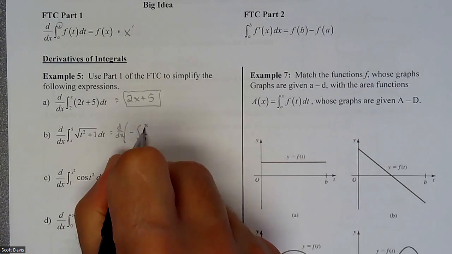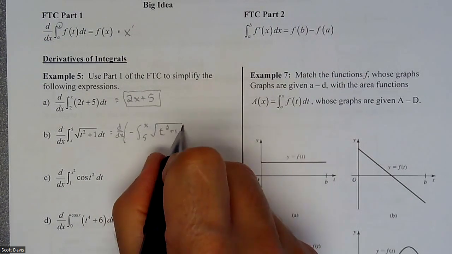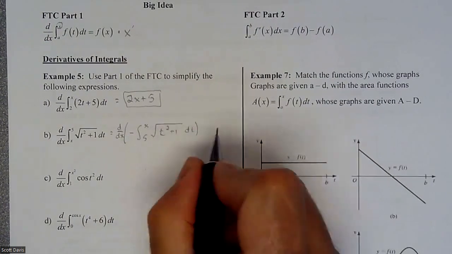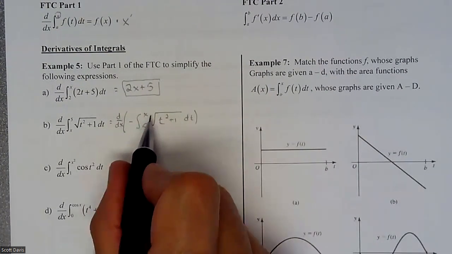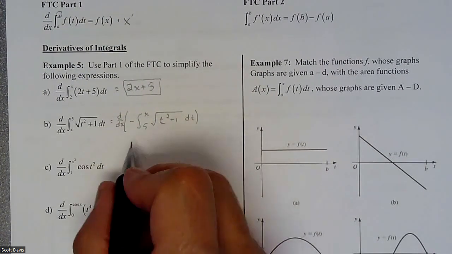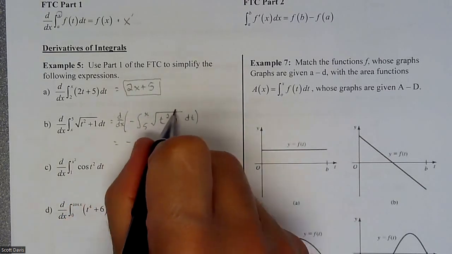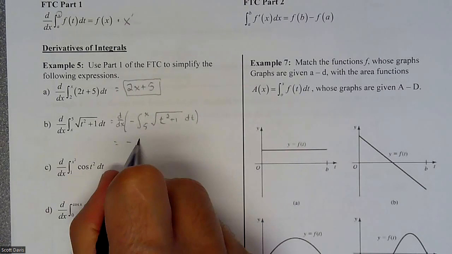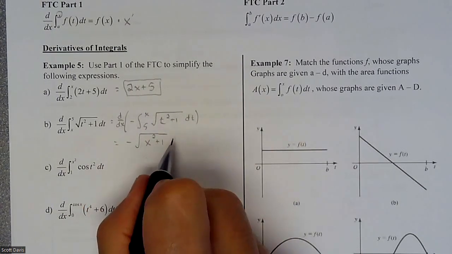So t squared plus 1, and then derivative with respect to t. Now it's in the right form. The derivative of x is not going to add anything to it, so all I have to do is just sub it in, and that negative is still there. I just replace the t with an x. So my answer would be x squared plus 1, and that's it.